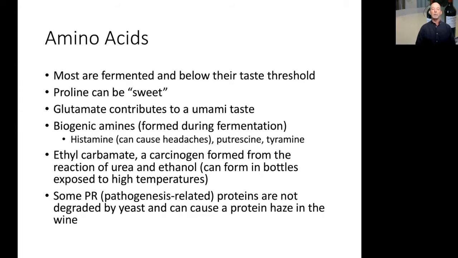When the bottle is chilled in the refrigerator, you will see either some tartaric acid crystals forming, which will be clear at the bottom of the bottle, or you can have a sort of hazy suspended characteristic in the wine. And this is largely contributed to by PR proteins. We did some analyses on this.